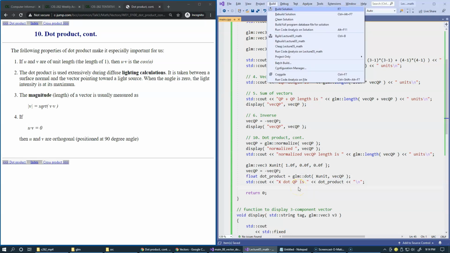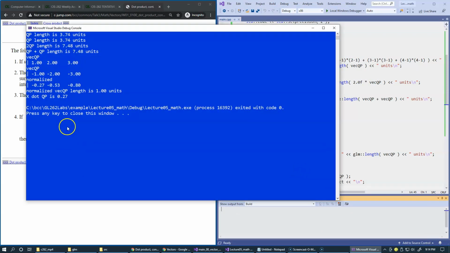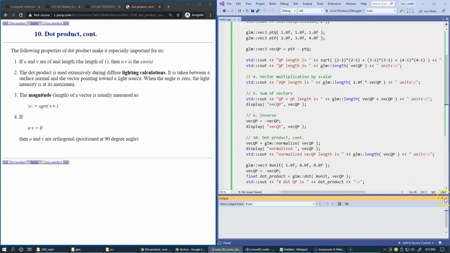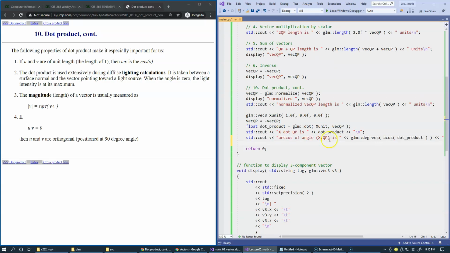Now we can build again and run it. This time the dot product became a positive value. From this point on it should even be possible to find the actual angle between these two vectors.